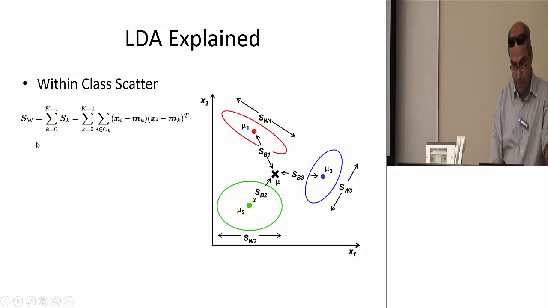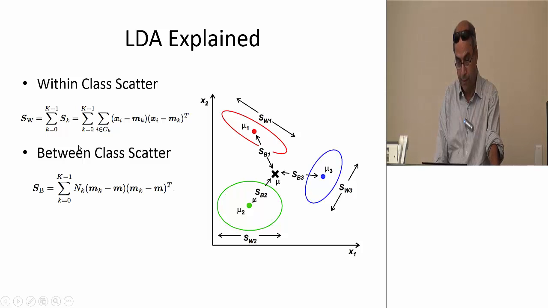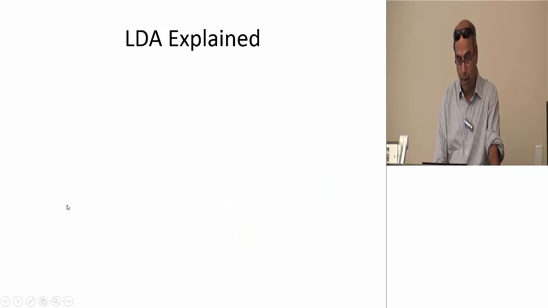And within class, this is the way we compute. We do this for all K classes. For each of them we subtract the mean for that class, and then we add up all those. For between class, we subtract the global mean from the class mean, and multiply with the transpose, like a standard deviation, and we do this for all the classes.